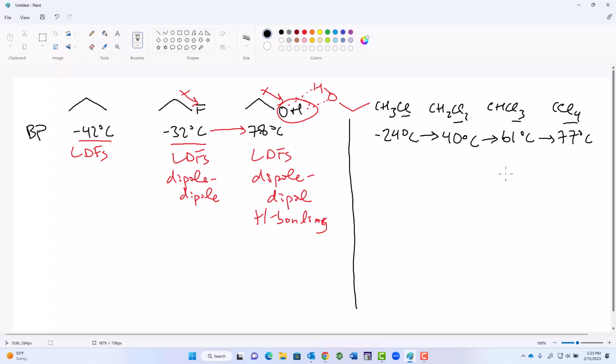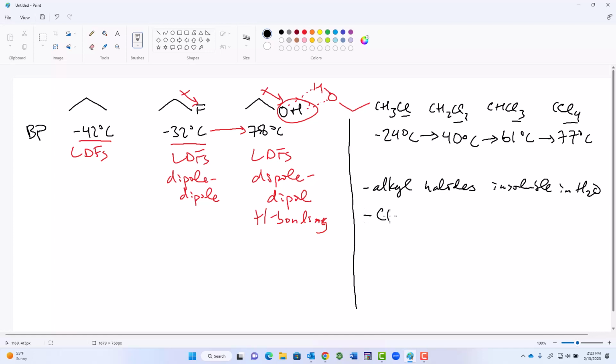Just a few more facts about alkyl halides and alcohols. Alkyl halides are often insoluble in water, and that's just because the dipole is not strong enough to be soluble with the strong dipole in water.